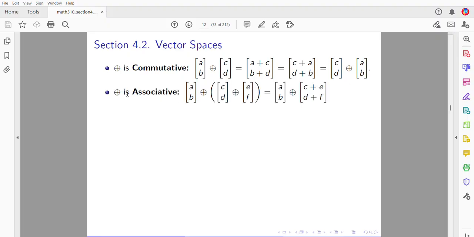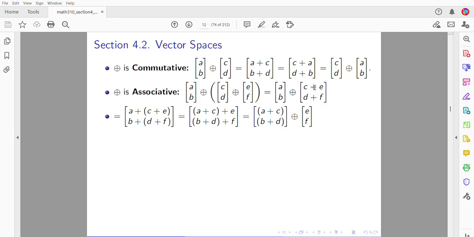What about associativity? Is ⊕ associative? Well, consider vector (a, b) ⊕ within parentheses vector (c, d) ⊕ vector (e, f). That is, I'm going to vector add these two first. That's what the parentheses mean. You have vector (a, b) ⊕ vector (c + e, d + f). Now, what does ⊕ do?